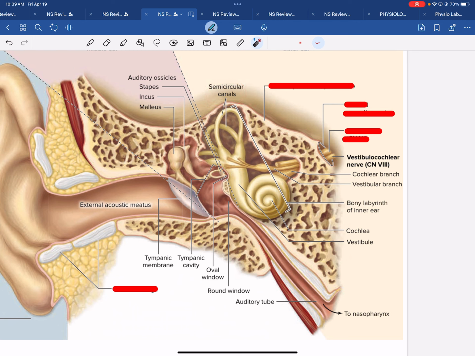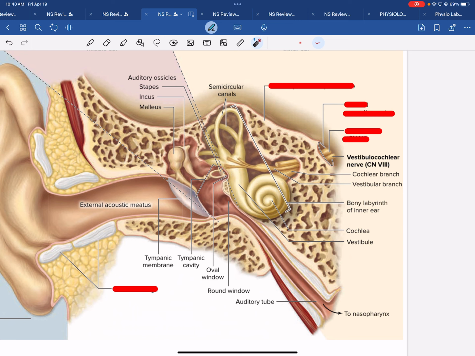So the vestibule's like the neck of the snail? Yeah. If this is the neck, then the semicircular canals would be like the heads, like a three-headed snail. Yes. Three-headed snail. Terrifying. So how would we know in a lab question if they're referring to the semicircular canals or the bony labyrinth?